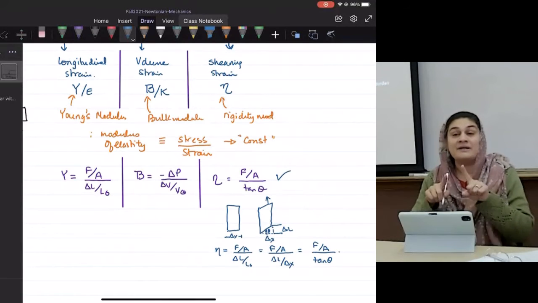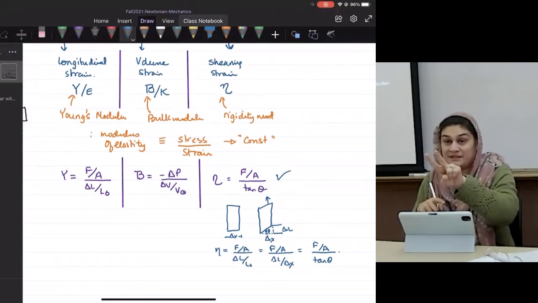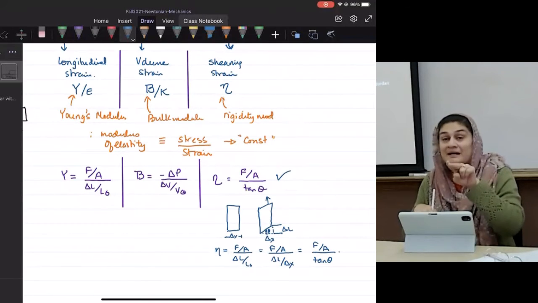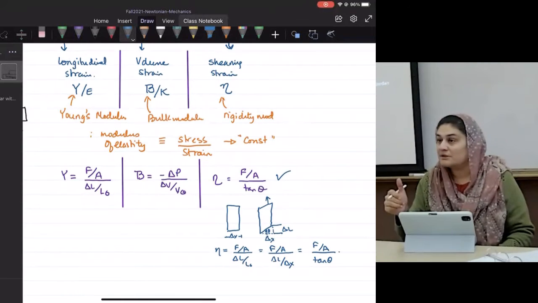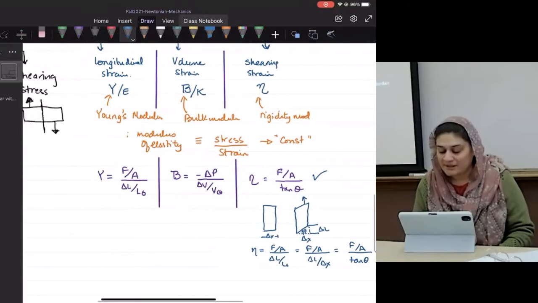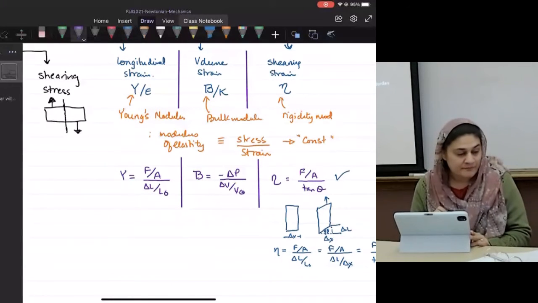Longitudinal strain is strain in 1D. Bulk modulus is strain in 3D. Whereas eta is the shearing strain, right? Goes opposite to each other. Good? Okay, so now can I also define another thing for you?